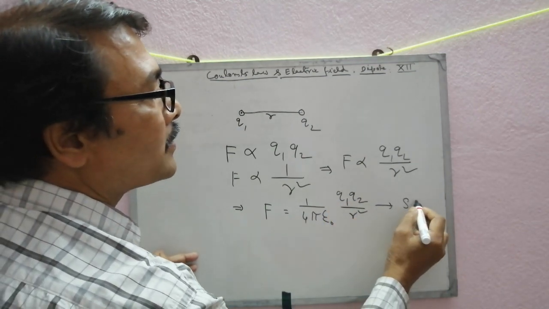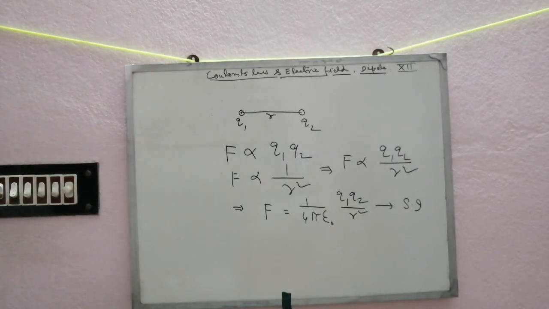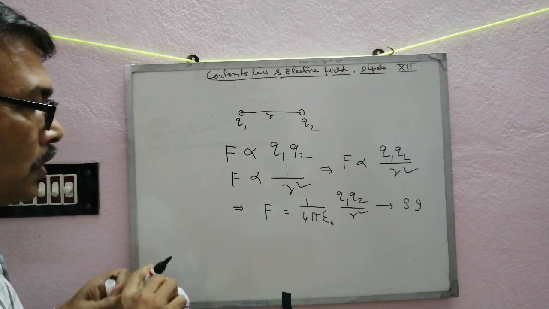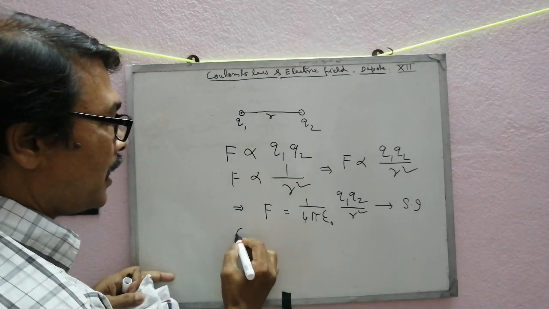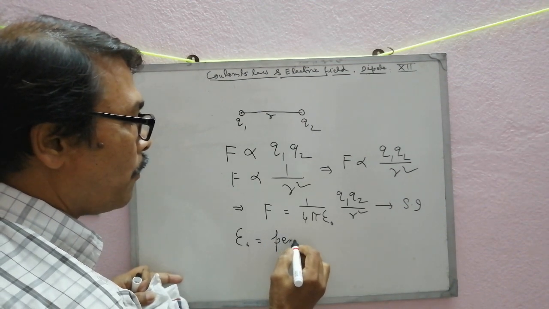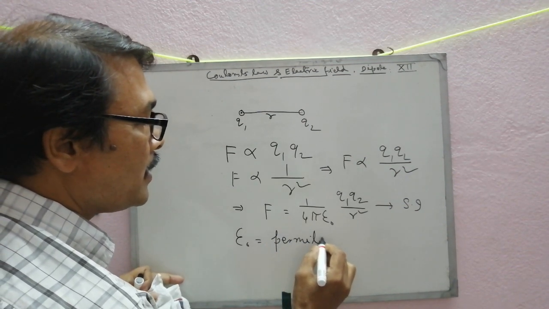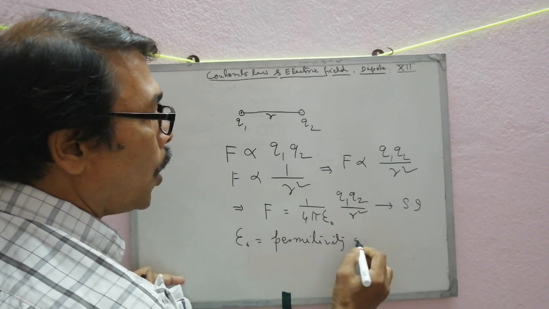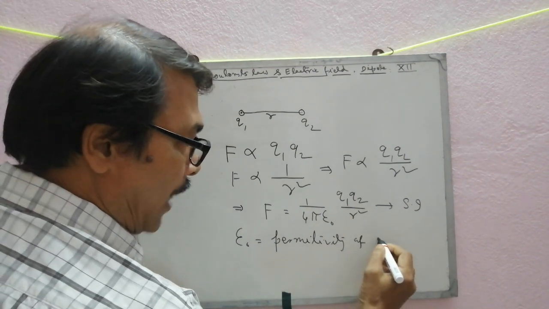Of course in the SI system, this epsilon naught is the permittivity of air or vacuum.